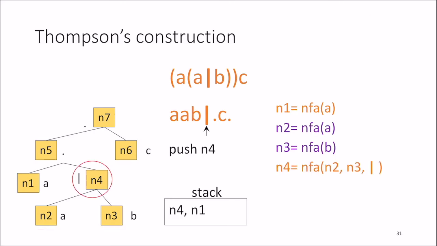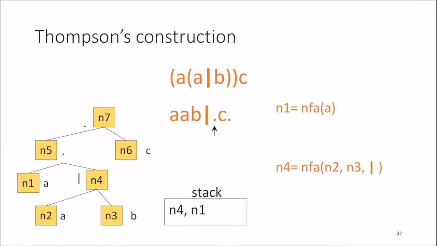And that's what we do, and create N4. Any of the nodes that are internal are going to be taking arguments and creating a more complex NFA using one of the Thompson rules. In this case, the alternation creates the NFA N4, and then we push that N4 onto the stack.